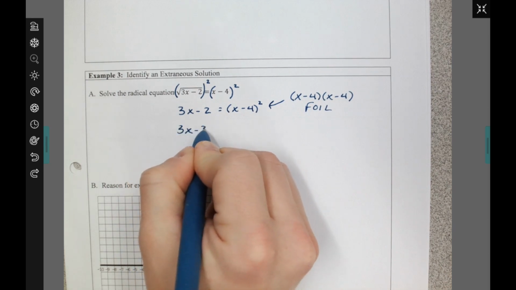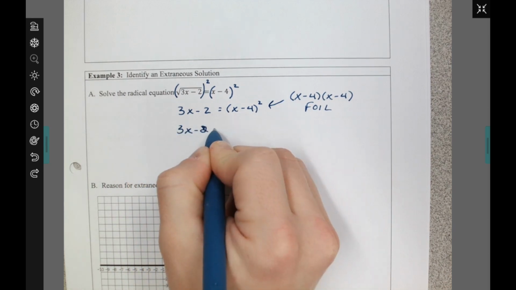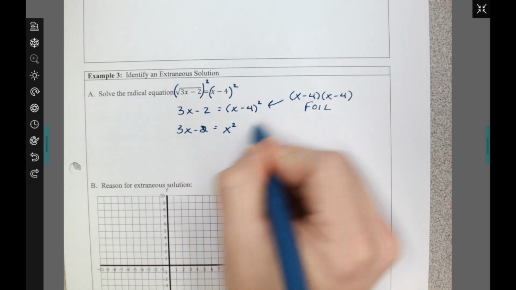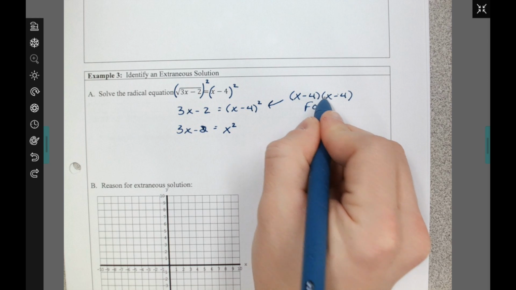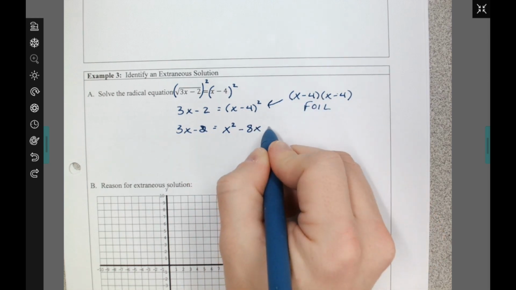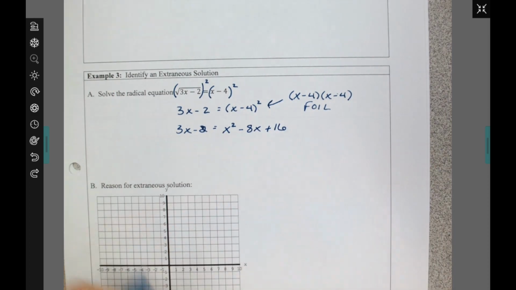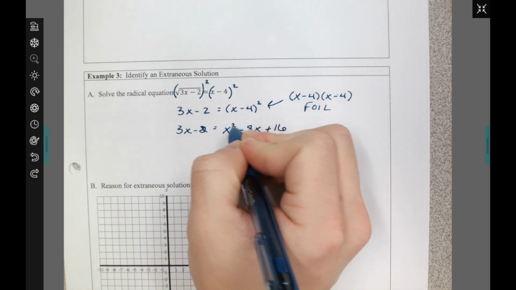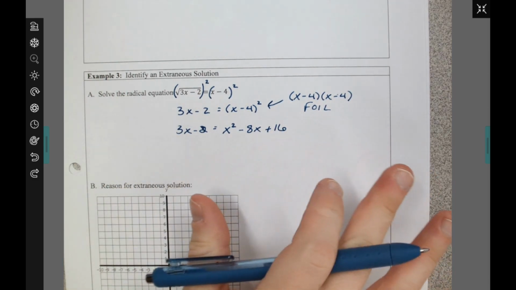Left-hand side stays the same, 3x minus 2. Right-hand side, when I FOIL this out, x and x gives me x squared. I've got negative 4x, negative 4x. That's going to be a minus 8x. Negative 4 times negative 4 is plus 16. Okay, back to first semester. We see we have an x squared, so that tells me to get everything to one side.